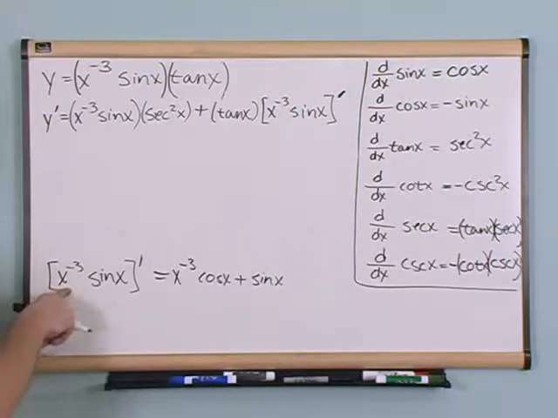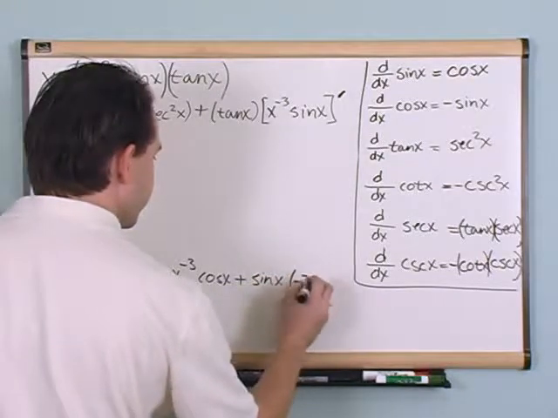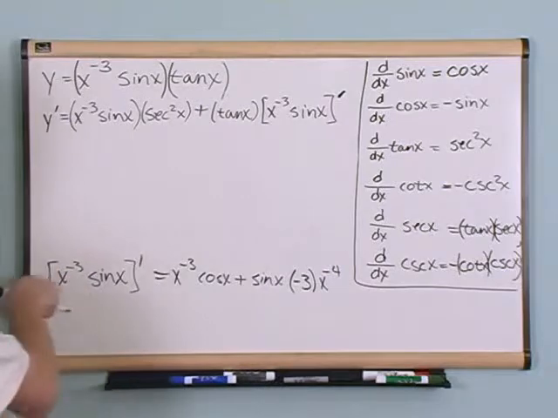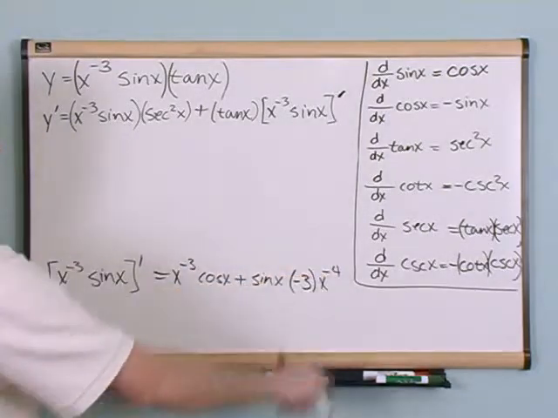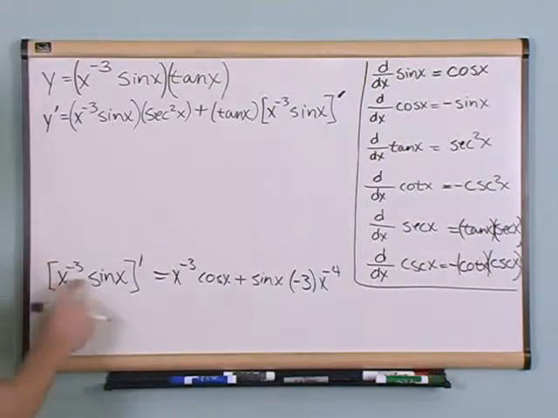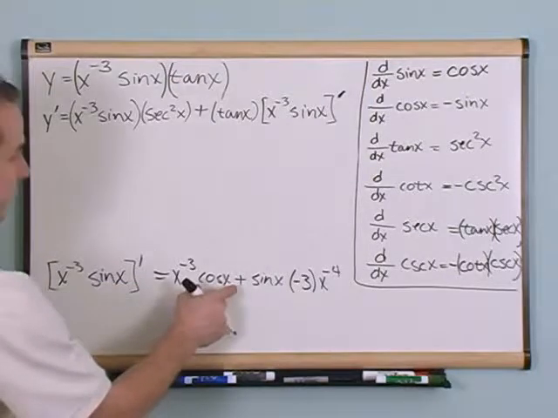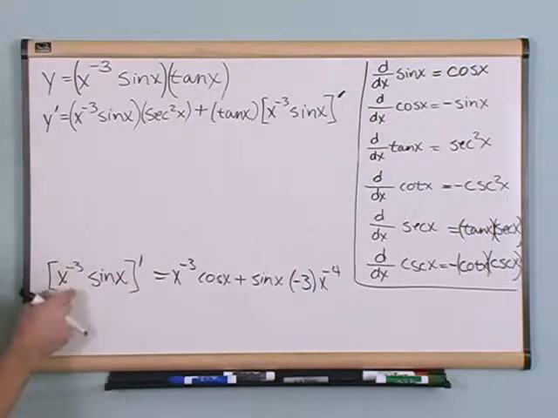And this is a polynomial, and remember the way you take the derivative of that is minus 3x to the minus 4. The exponent comes out in front, and then you put x, and then you subtract 1 from the exponent, and that leaves you with that. So really, we're applying the same rule, but we're doing it inside here. So this times the derivative of sine will give you this, plus this times the derivative of this, which is what gives you that there.